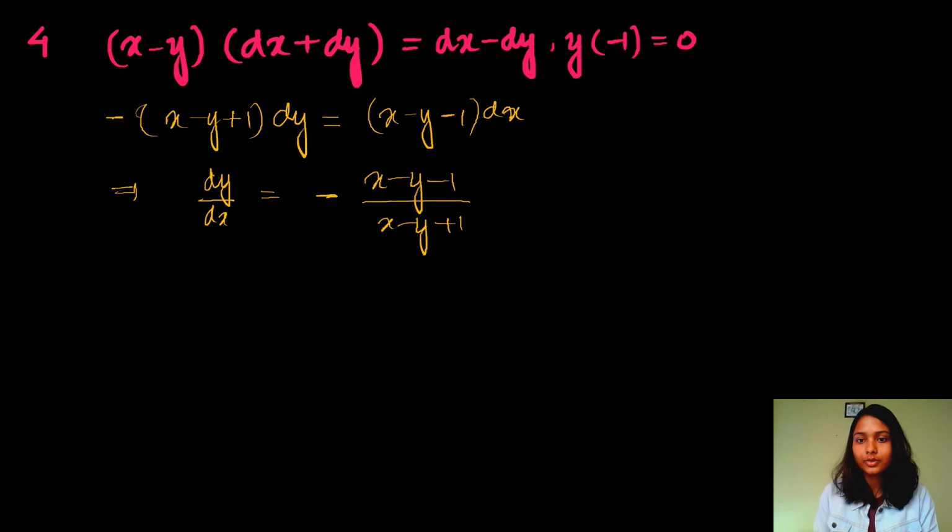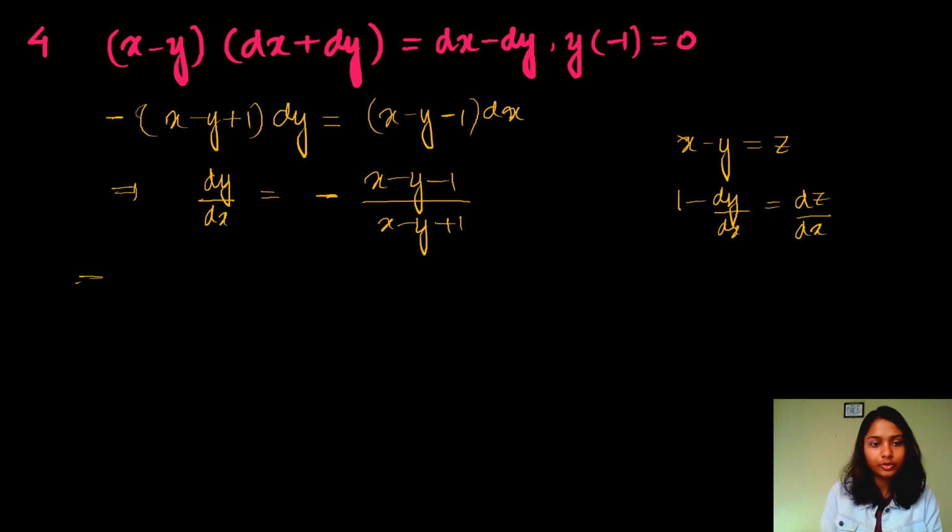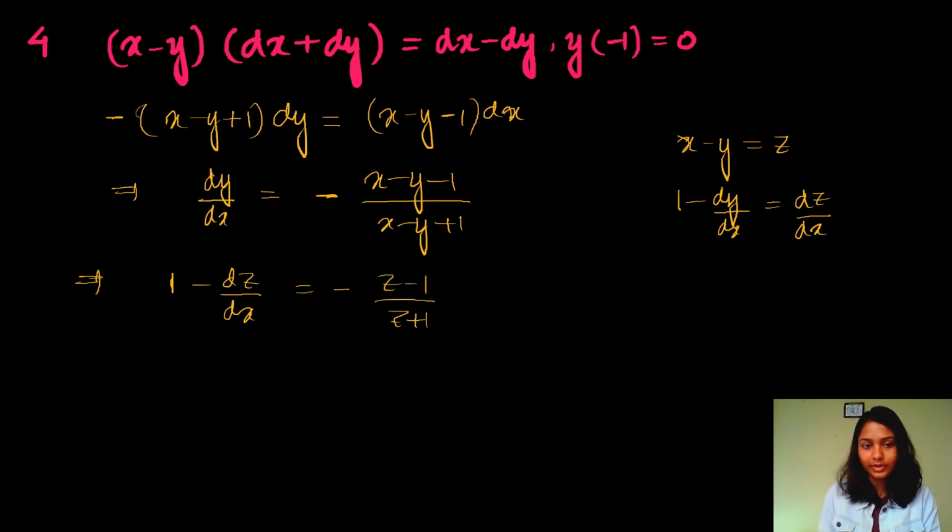So again we are going to substitute x minus y as z. It will become 1 minus dy dx equals to dz dx. So dy dx becomes 1 minus dz dx equals to (z minus 1) by (z plus 1).